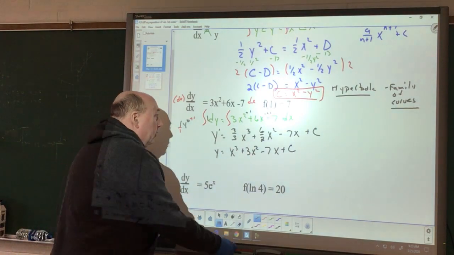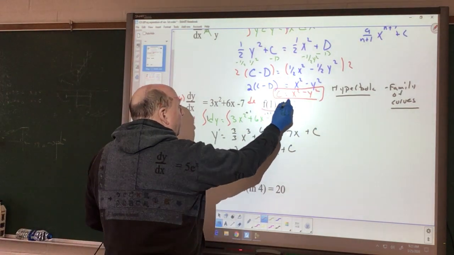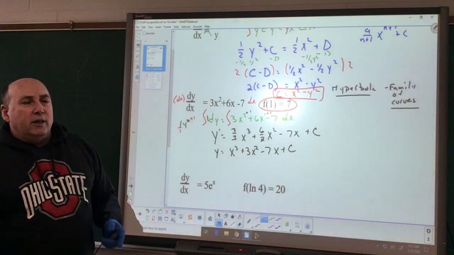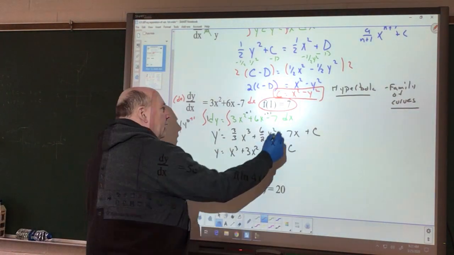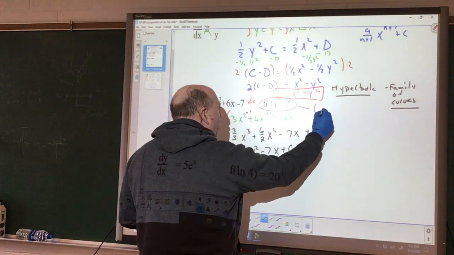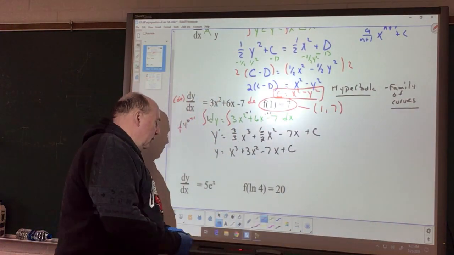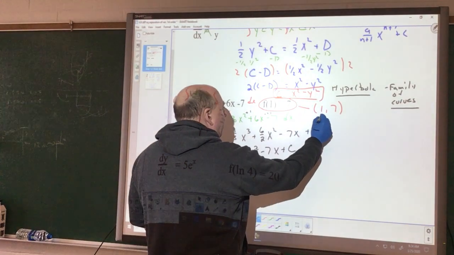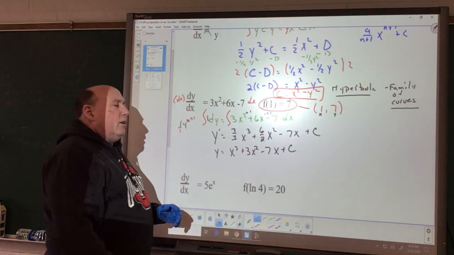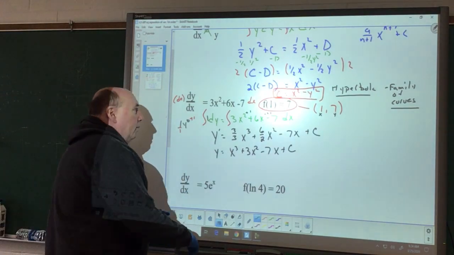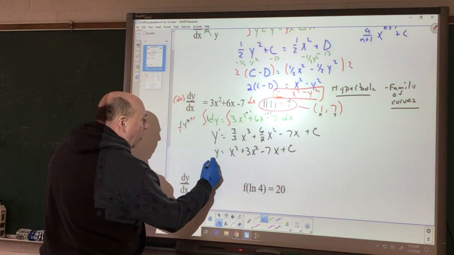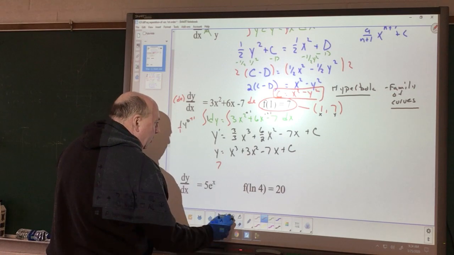Now this is where we use our initial condition. We know this graph goes through the ordered pair (1, 7). So my x value is a value of 1. My y value turns into a 7. So down here, we can make some substitutions. Y is a value of 7.